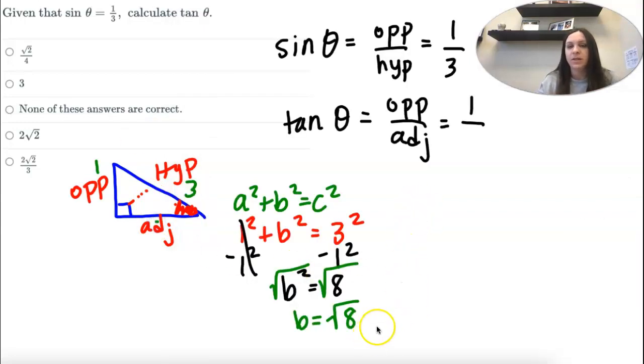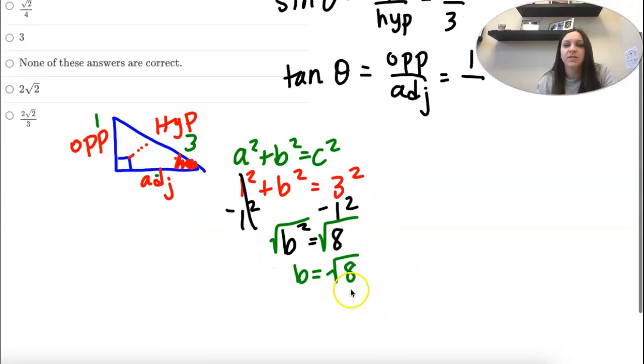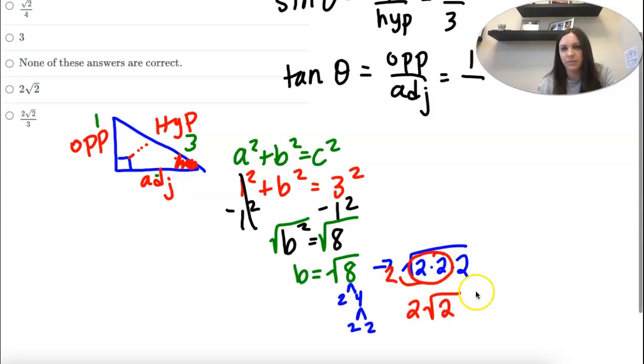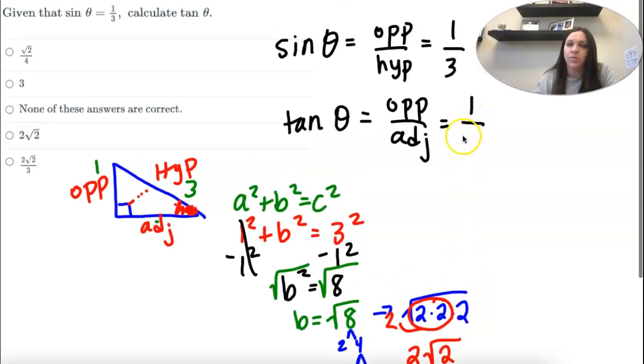Okay, so 8 is 2 times 4, 2 times 2. So instead of 8, I'm going to write 2 times 2 times 2. We can bring out a pair as 1. So we have 2 on the outside, and then this 2 is left on the inside. So 1 over 2 square roots of 2.